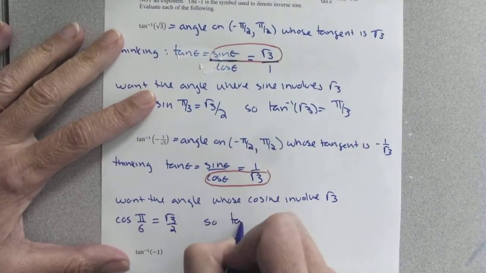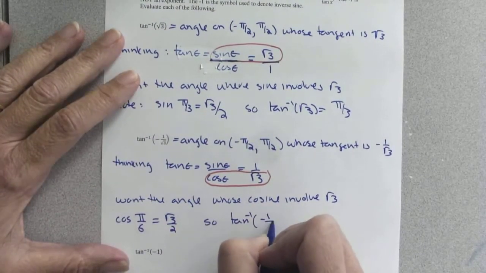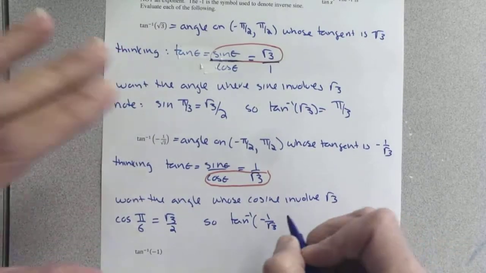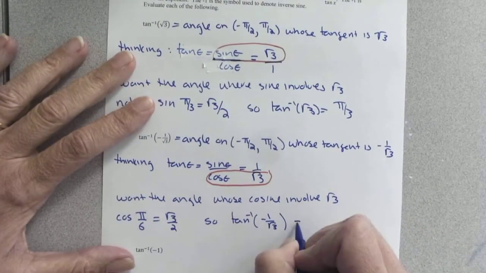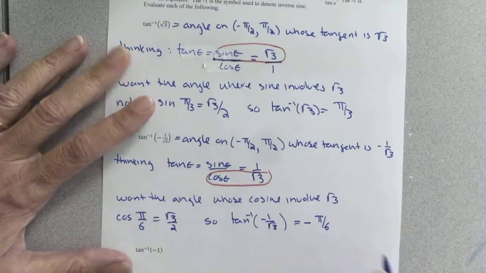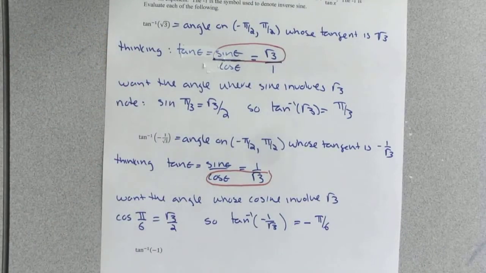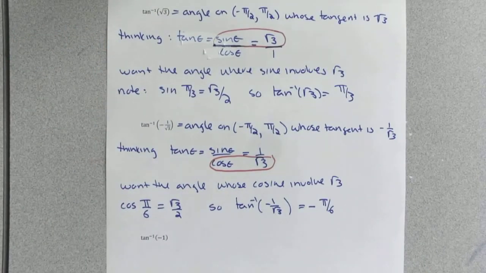So my answer, tangent inverse of negative 1 over square root of 3 is going to be negative pi over 6. The negative values are going to have the negative answers. And so that's the way I think of them. I still think of them in terms of sine and cosine. Now, if you had a great trigonometry teacher and they just pounded those values into you, well, then go with those values.